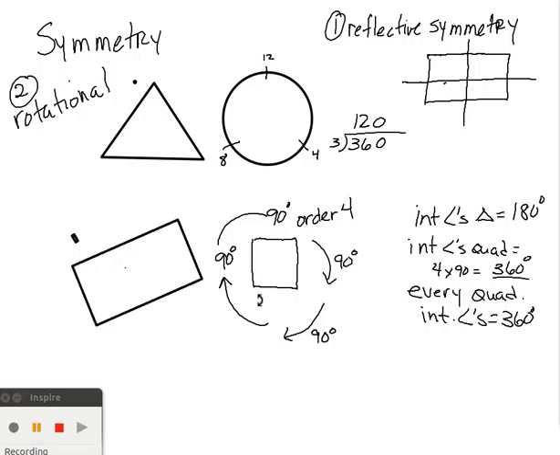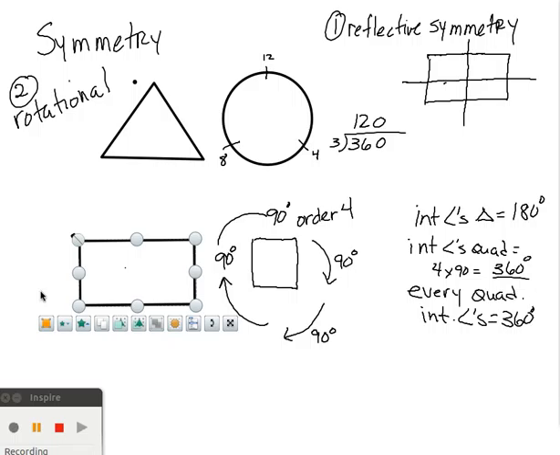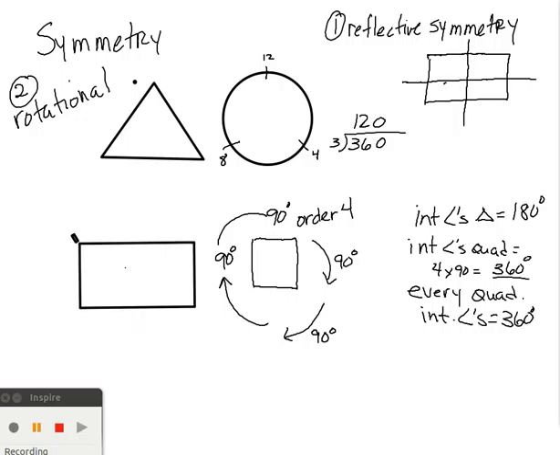But if I rotate it 180 degrees, we have our original image again. So a rectangle has rotational symmetry of order 2. And at what degrees does it have it? It has rotational symmetry at 180 degrees and 360 degrees.